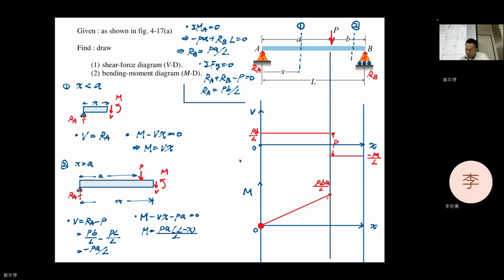Okay, this one. How about the final point? x equal to L. The x here is L, right? So L minus L, 0. All right, so this is 0. And you can examine that function again.